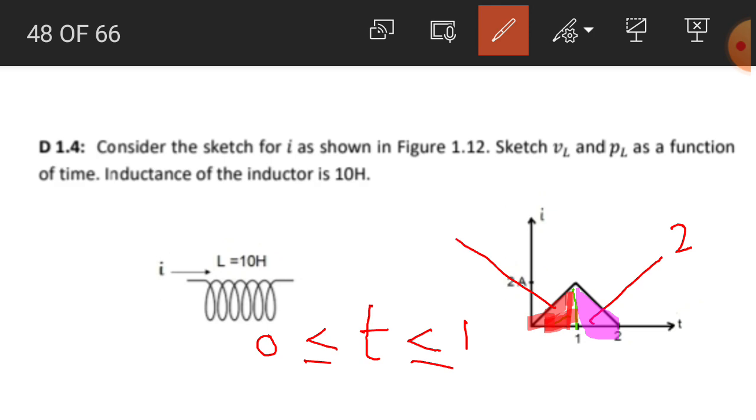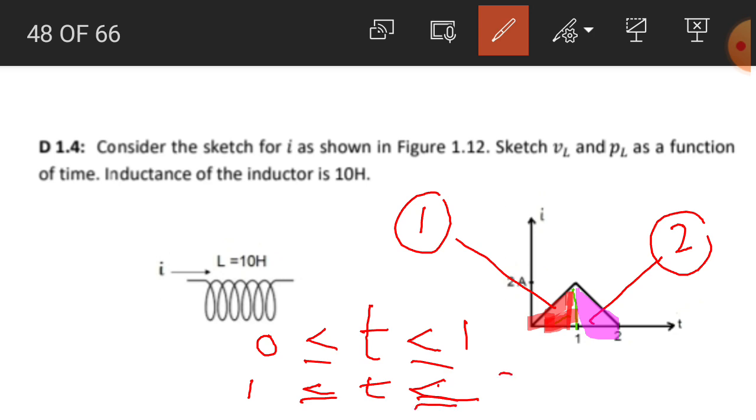We divide the sketch into two regions: region number 1, where the time is changing from 0 to 1, and region number 2, where the time is changing from 1 to 2.